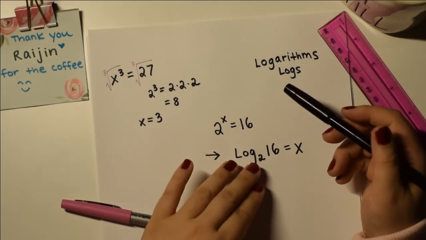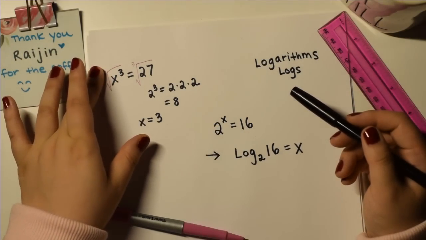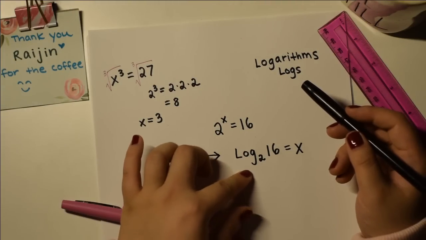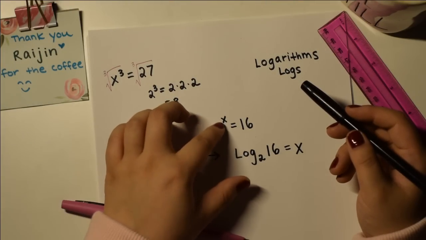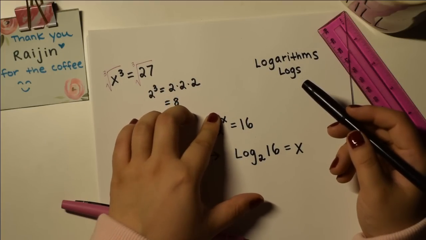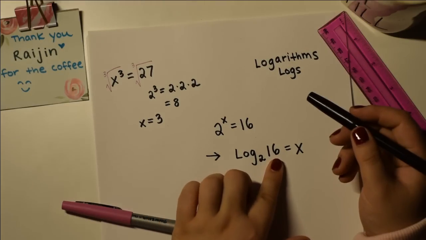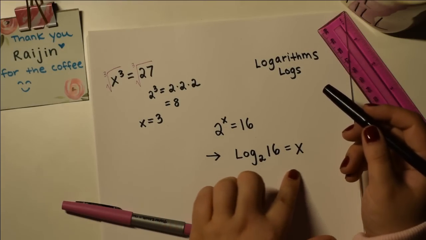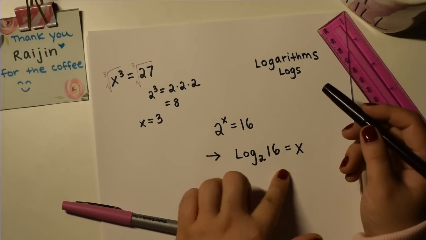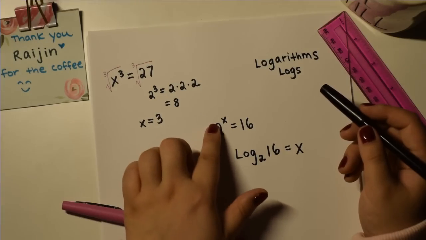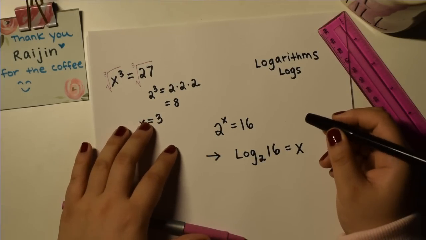Okay, so log, kind of like how cube root was, log itself is a function. It undoes a variable up here on the top. Log base 2 of 16 equals x. This statement is the equivalent statement to this. These two are exactly the same.